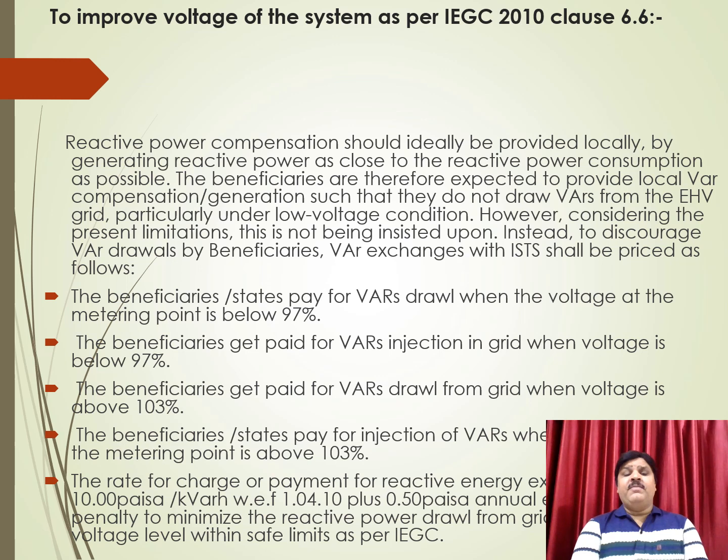And similarly, voltage can be analogous to the pressure in the water supply system. If pressure in the water supply system is less, then it cannot reach up to the tail end.